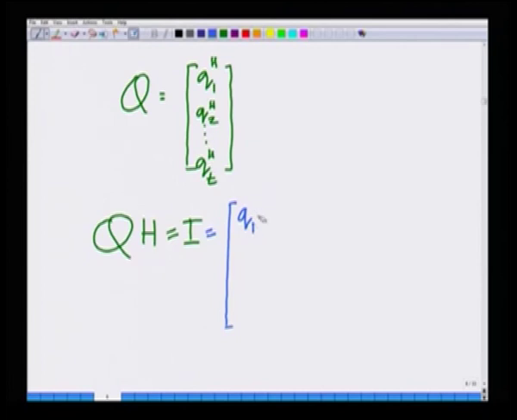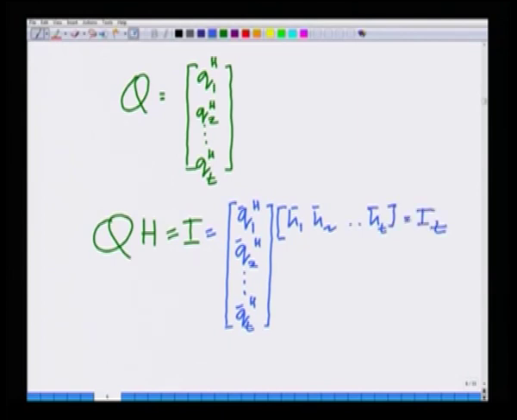Q1 Hermitian, Q2 Hermitian, QT Hermitian times H1, H2, HT equals identity.